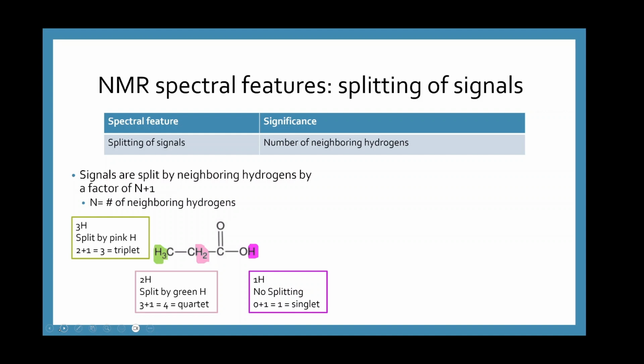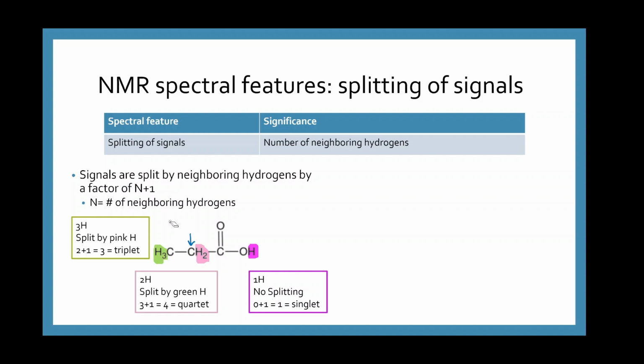So let's look at the green hydrogens on the left, that CH3 group. When you're looking for neighboring hydrogens, you're looking at the carbon bonded to the carbon that the CH3 group is on. So this is where that CH3 group is bonded, right? They're bonded to that carbon. So we'd look at any other carbons bonded to it. And that's this one.